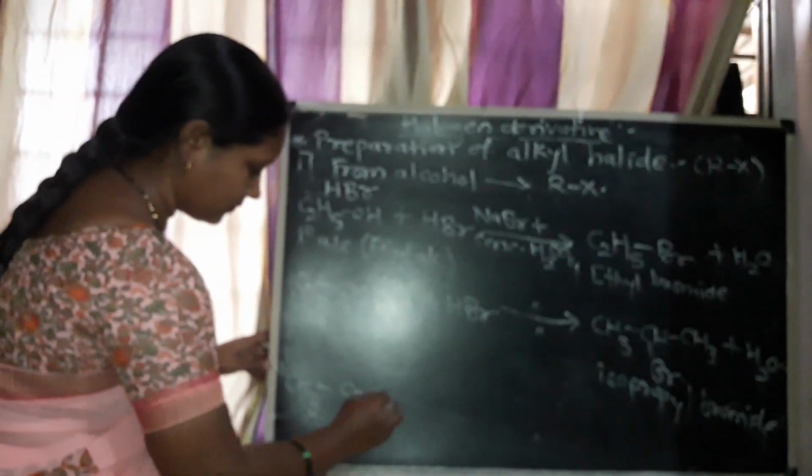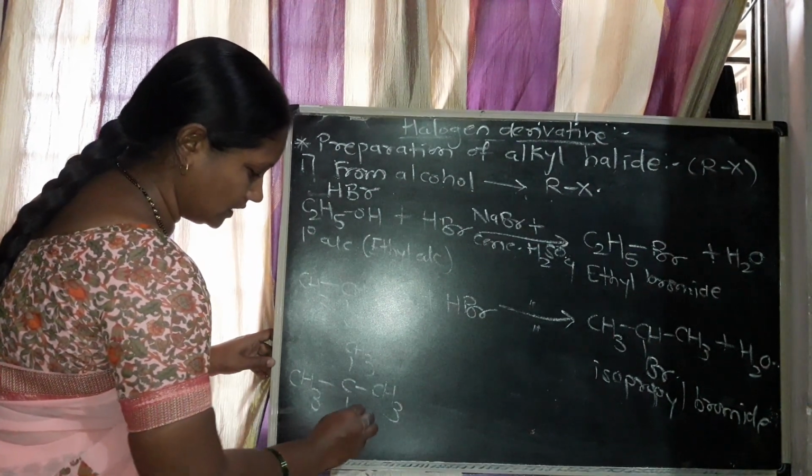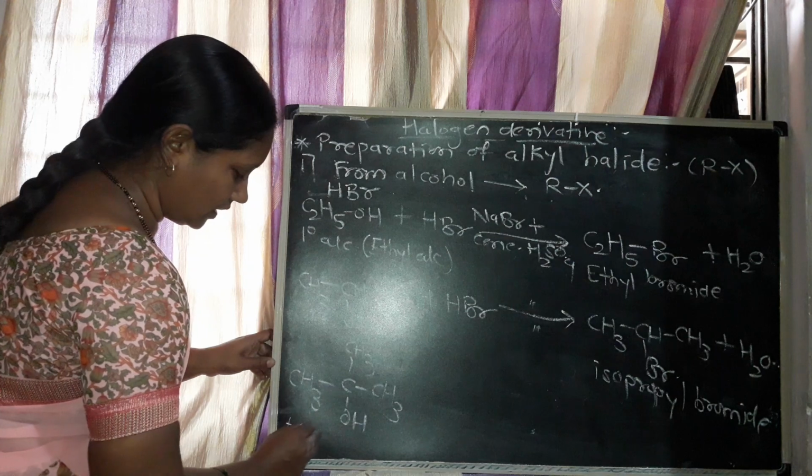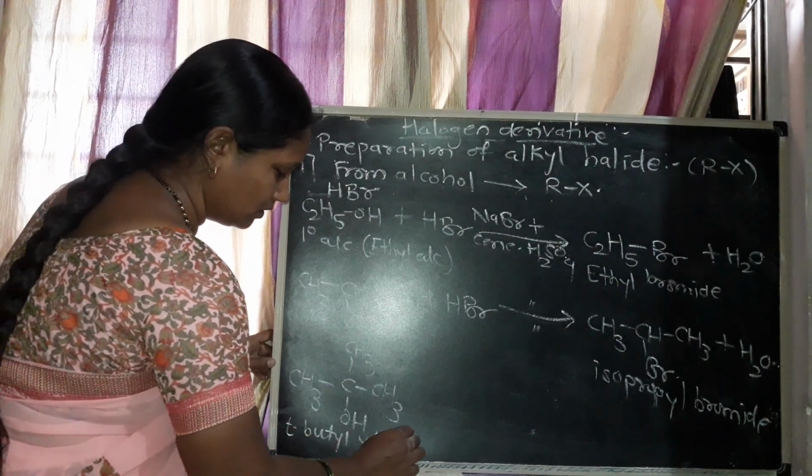Now the third one, tertiary alcohol. This is the tertiary alcohol, tertiary butyl alcohol.